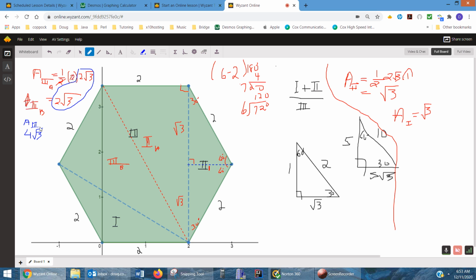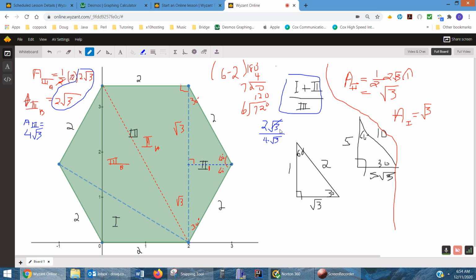And now we're ready to substitute into the formula. Here's our formula. Add 1 plus 2 together. That's radical 3 plus radical 3. And we want its ratio to the area of quadrilateral 3, which we found to be 4 radical 3.